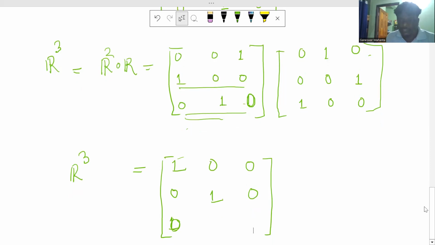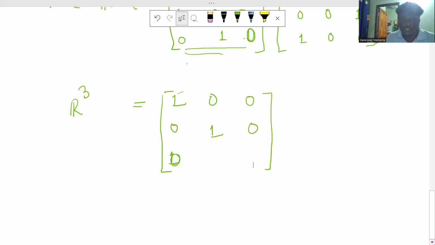This is the third one, right? This is the value I have written, 0, 0, 1. You can see this is 0, 0 and 1. So the R cube relation is found here.